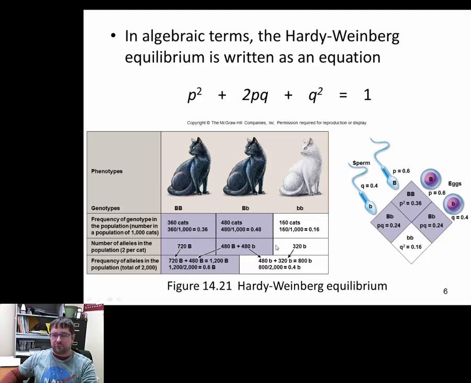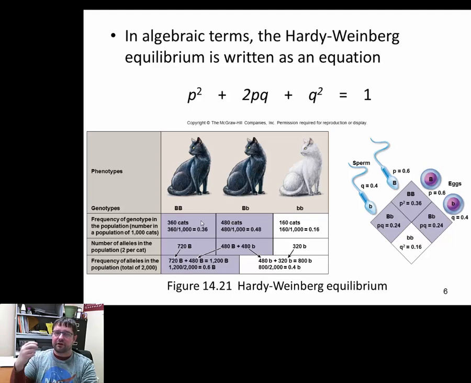And then you can do this math of 480 plus 320, or you can just take 60% and stick it in that p plus q equals 1 and subtract the 0.6 from 1, giving you 0.4. Okay? So it's fairly easy math. It's just a simple algebra equation.